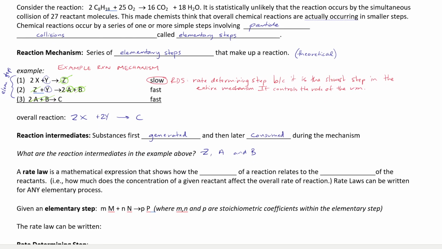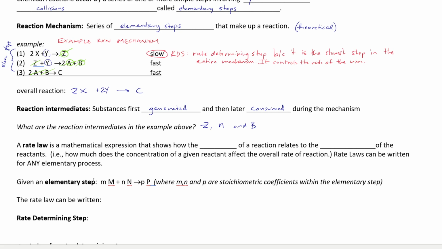A rate law is a mathematical expression that shows how the rate of a reaction relates to the concentrations of the reactants. So how much does the concentration of a given reactant affect the overall rate of reaction?